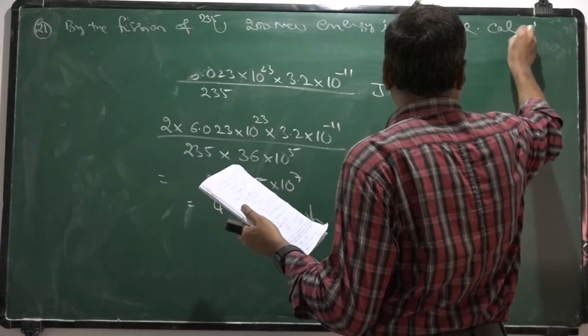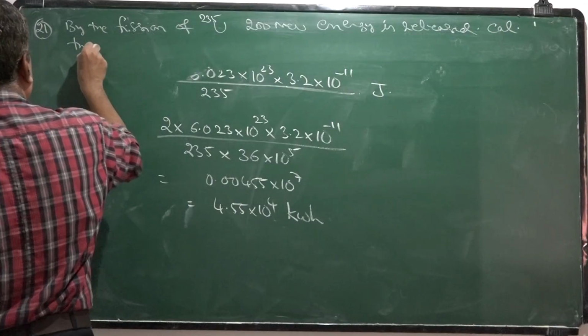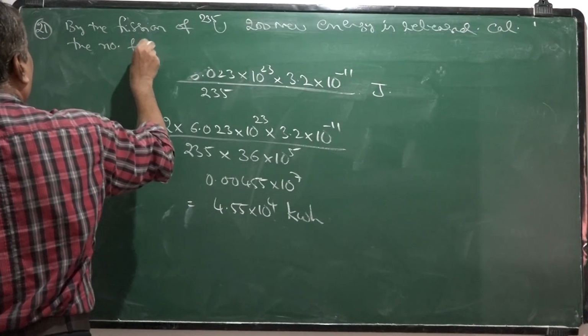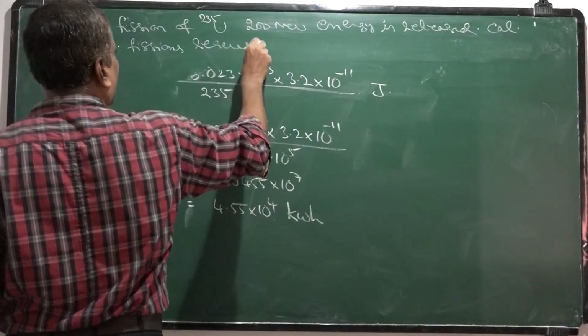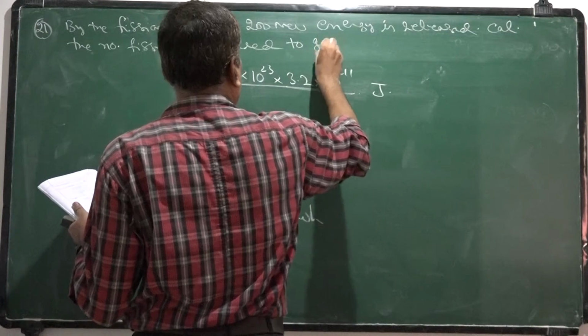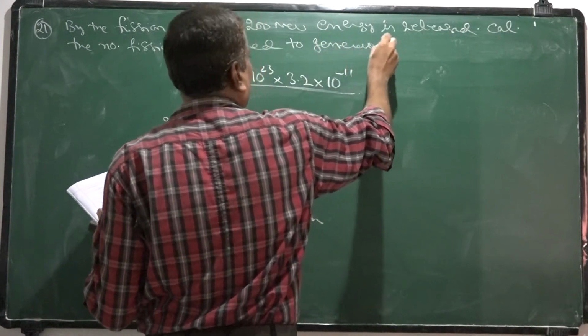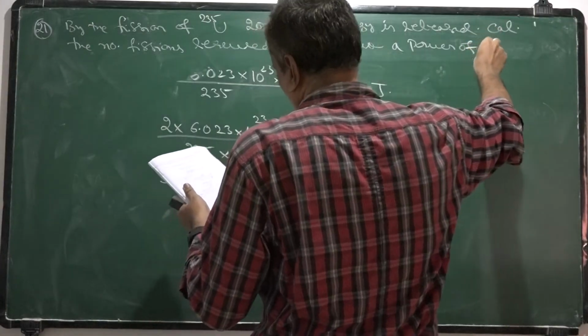Calculate the number of fissions required to generate a power of 1 megawatt.